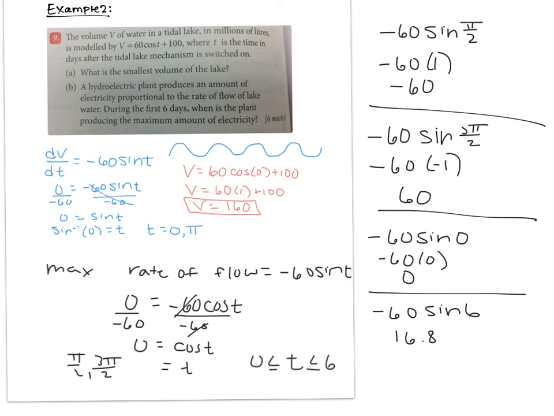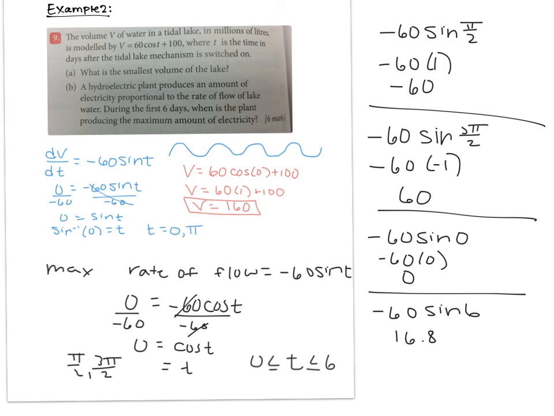So that's not it. The maximum rate of flow is 60 liters per day, okay? The question specifically asks when the plant is producing the maximum amount. So our answer is not 60, because that's the maximum flow of lake water.